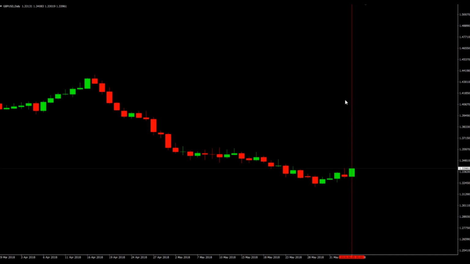In order to do so, as soon as I move my cursor here on this previous candle, you will be able to find the high, low, and closing price somewhere like here. Let me highlight this portion. All you need to do is focus on this particular area. This particular area, you will find the prices here.